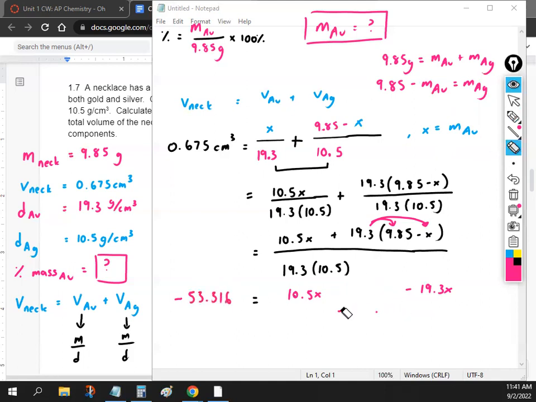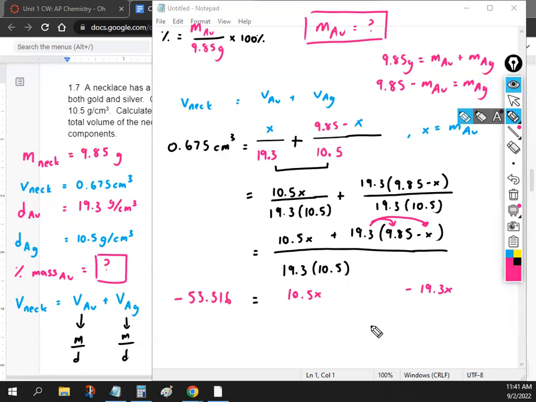Wait, how'd you get rid of 0.675? Which part? On the left side? Yeah, what we did first was we multiplied both sides by the denominator. So 0.675 times 19.3 and then times 10.5. So we just multiplied both sides by the denominator. Does that answer your question? Yes.